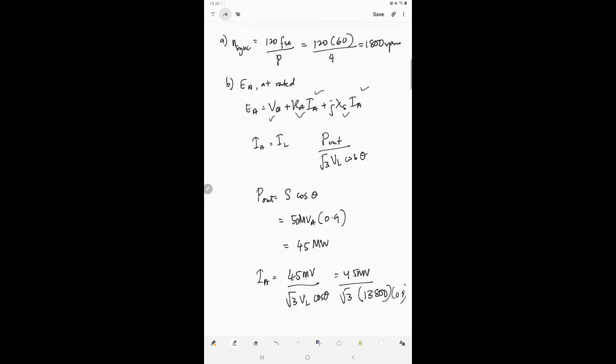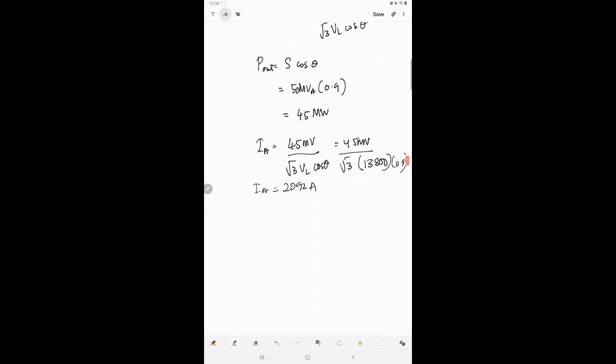Then you will get IA equals 2092 ampere. The angle between IA and V phase is the arc cosine of the power factor, which is minus 25.8 degrees. So IA is basically 2092 at minus 25.8 degrees.